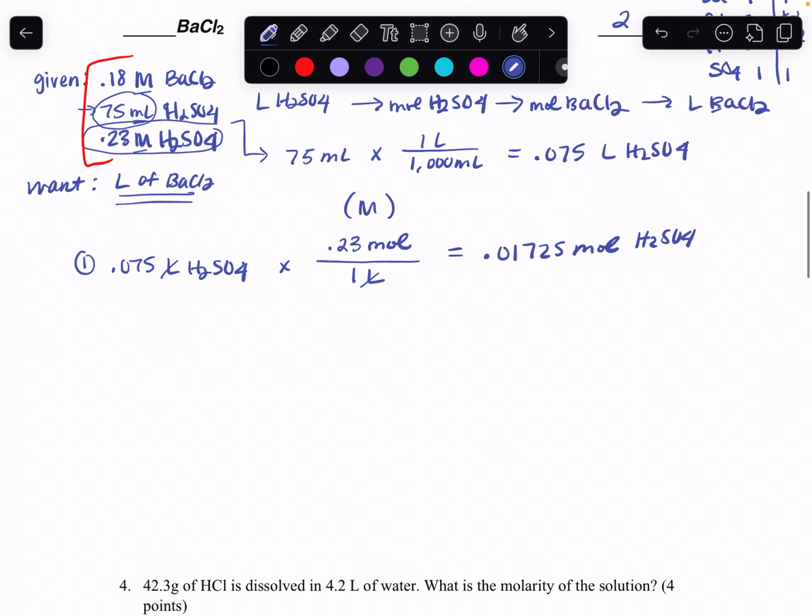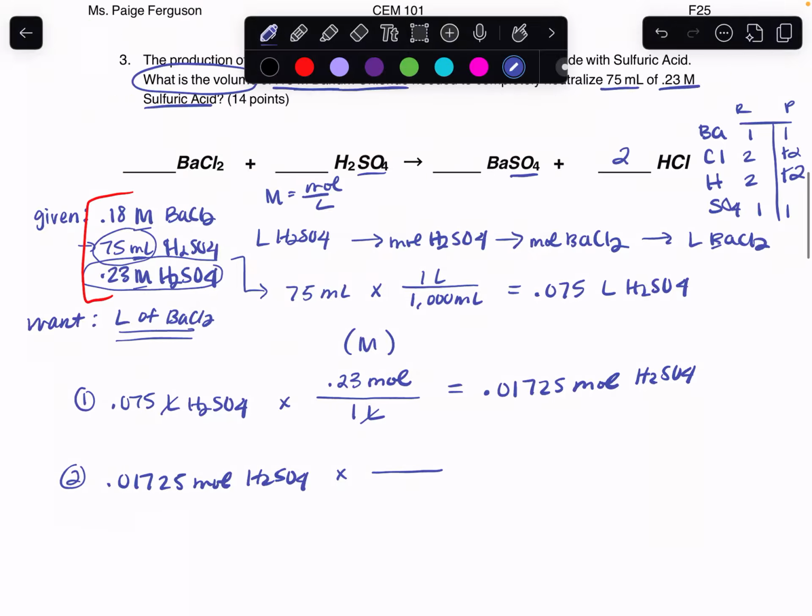Let's bring this number down for step 2. 0.01725 moles H2SO4, and I need to convert to moles of barium chloride. How we do this is the same step as in grams to moles, moles to grams, theoretical yield. Use your mole ratio. Come back up to the top here.